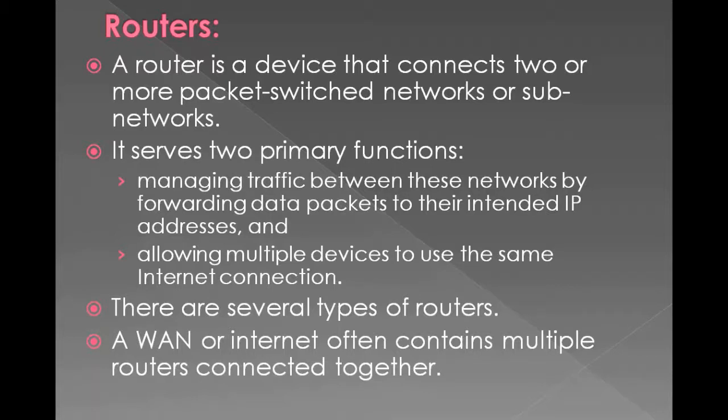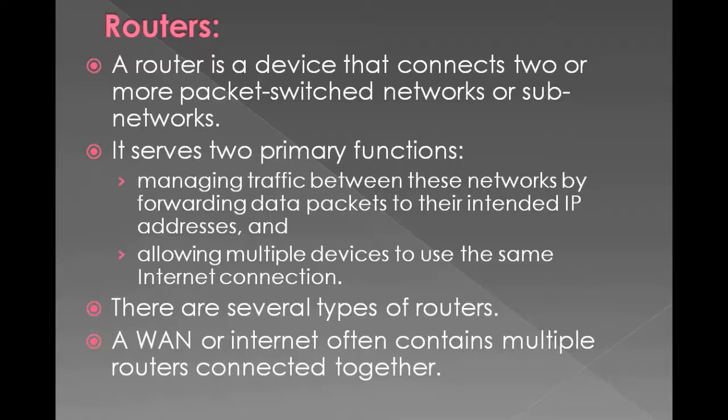The router has two primary functions: managing the traffic between these networks by forwarding and receiving data packets, and distributing IP addresses, allowing multiple devices to use the same internet connection.